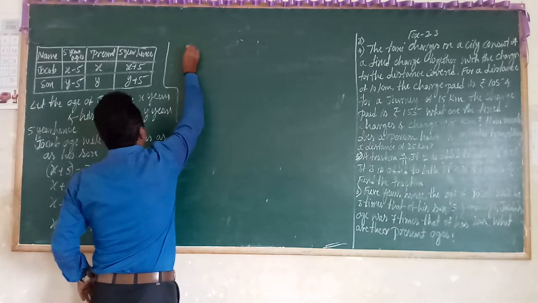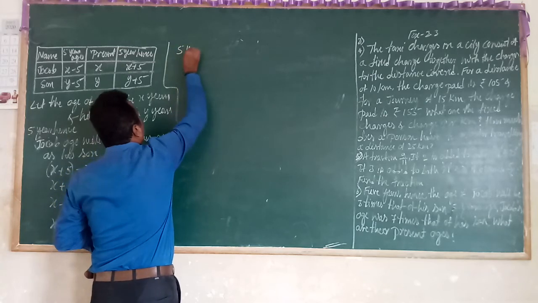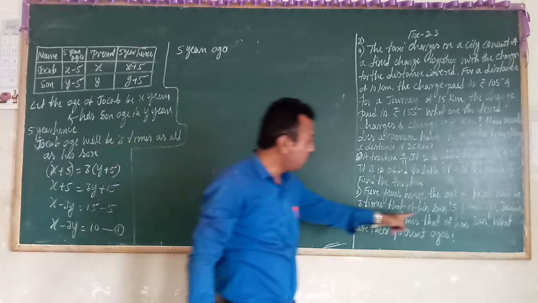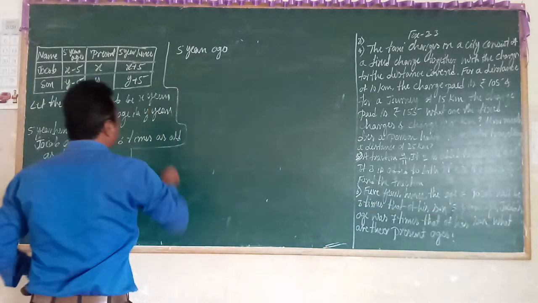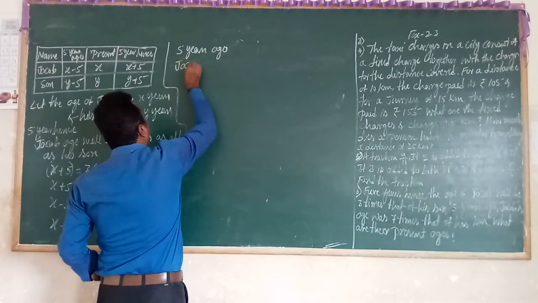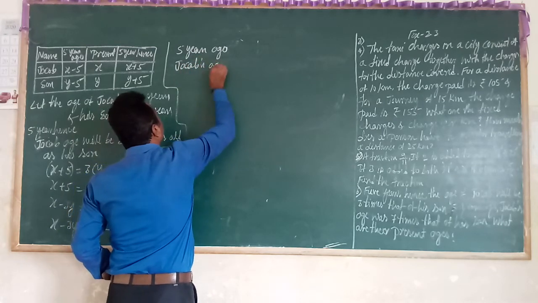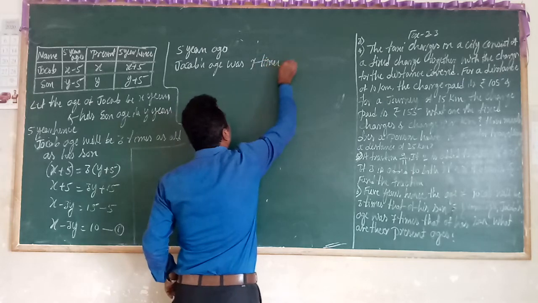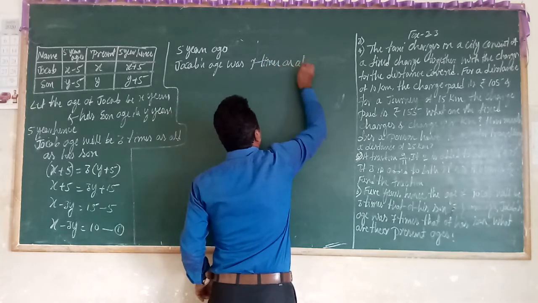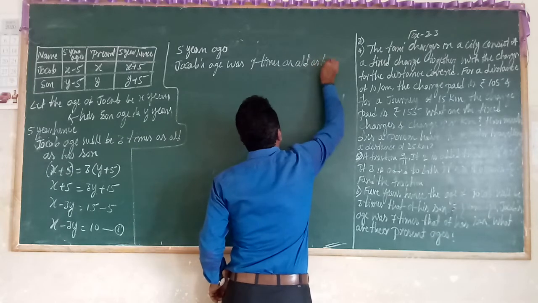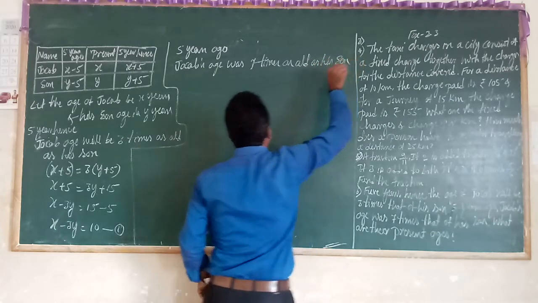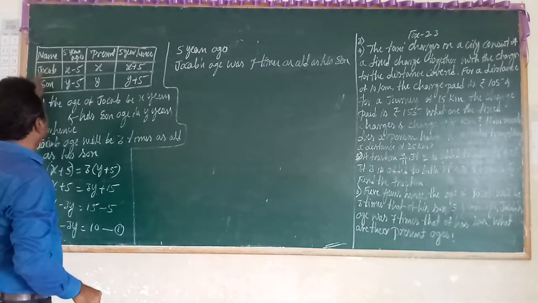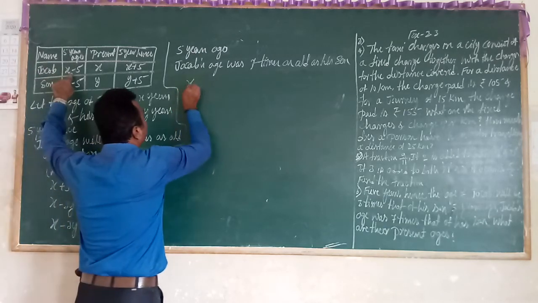Second, 5 years ago, Jacob's age was 7 times as old as his son. Okay. So 5 years ago, what is Jacob's age? x minus 5.